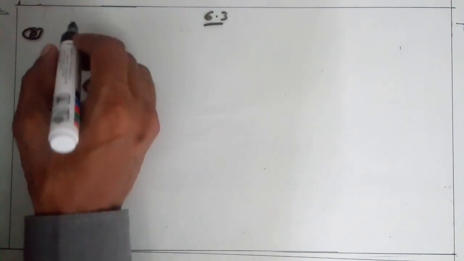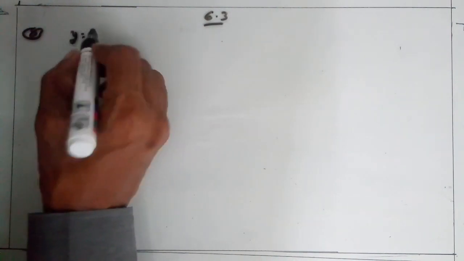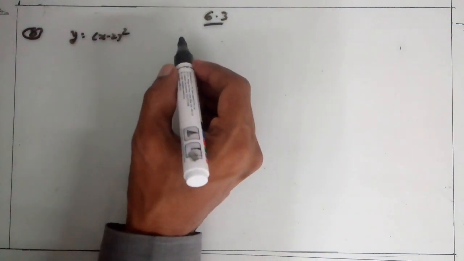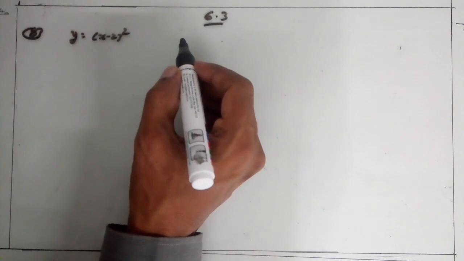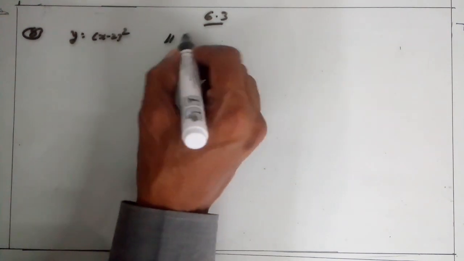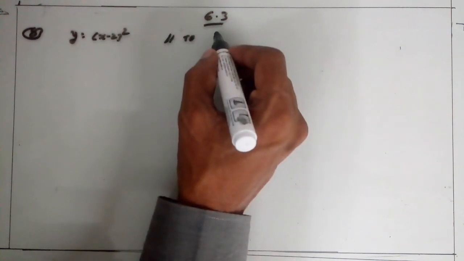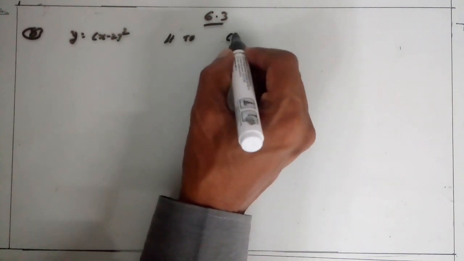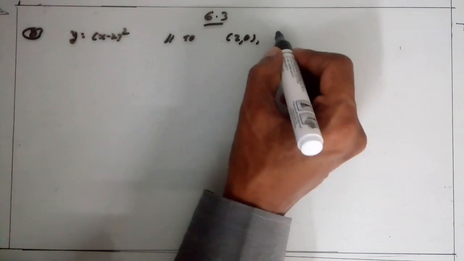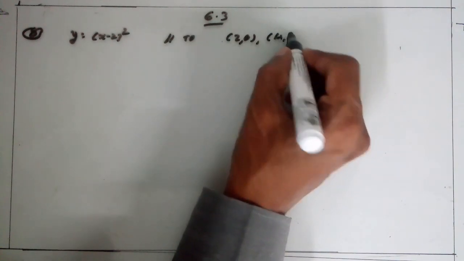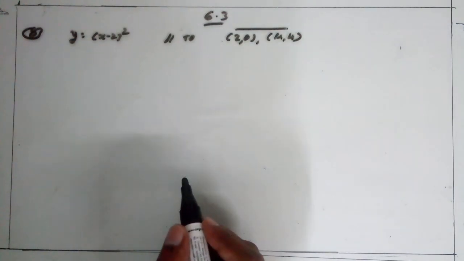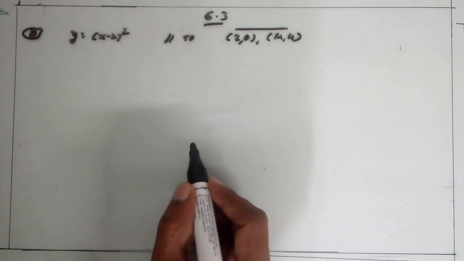Find a point on the curve y is equal to (x minus 2) square at which the tangent is parallel to the chord joining the points (2, 0) and (4, 4).